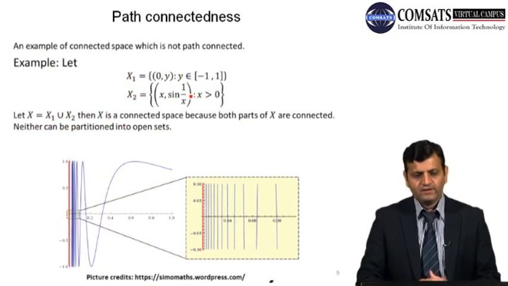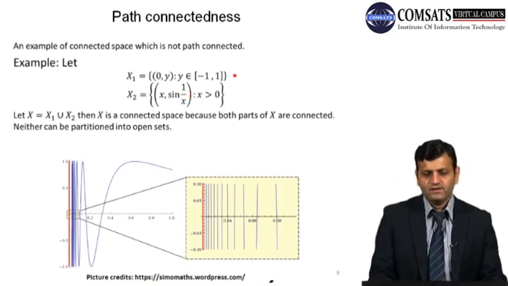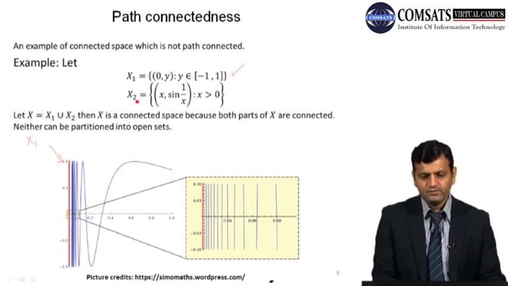An example of a connected space which is not path connected. Consider this space X1, which is the set of points (0, y) where y belongs to -1 to 1. Basically this red line is our X1. And consider this space X2, which is the graph of the function sine of 1 over x.